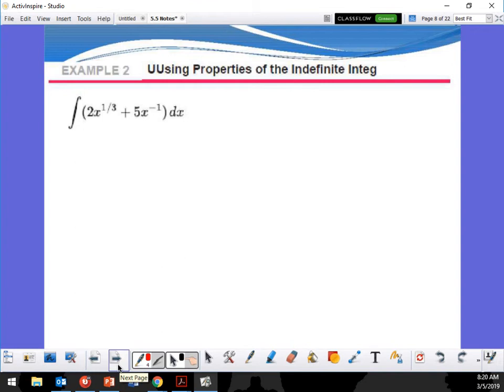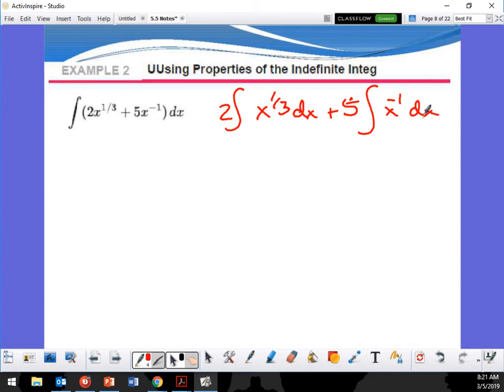So this is going to be the integral of 2x to the 1/3 dx plus 5 times the integral of x to the -1. I'm going to leave it like that so you guys can see it.